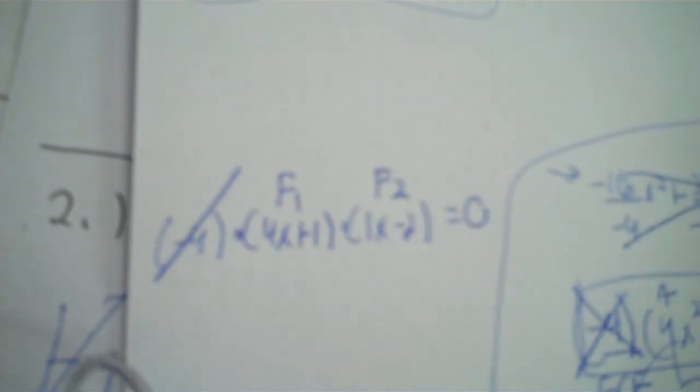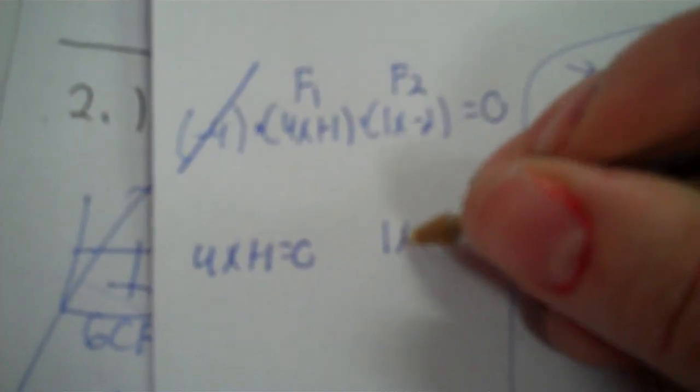So you bring those over here. Make your parentheses outside right where I am. Equals 0. This does not have an x, just slash it out. You don't deal with that. So 4x plus 1 could equal 0. 1x minus 2 could equal 0. So I minus 1, minus 1. 0 minus 1 is negative 1.